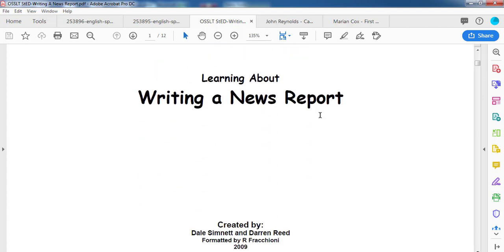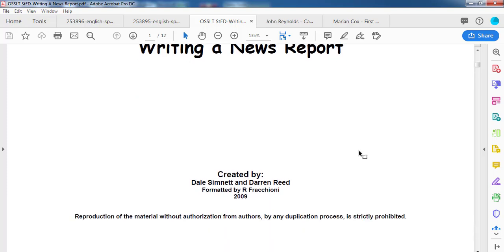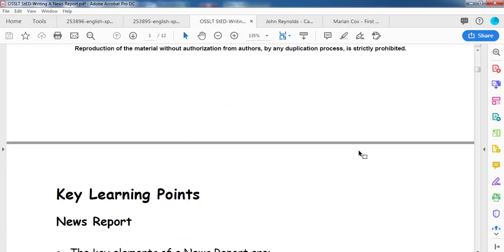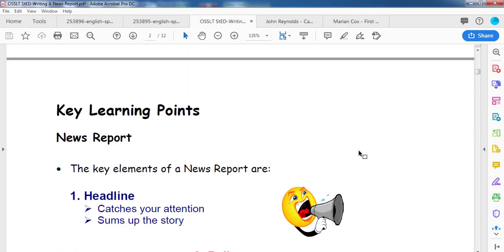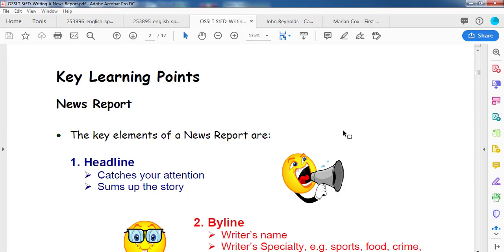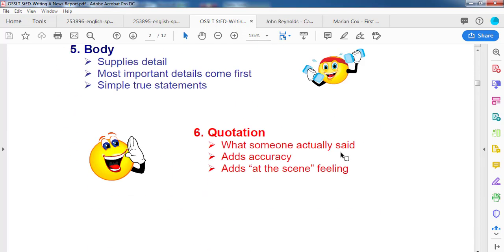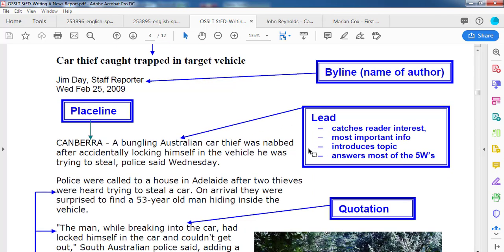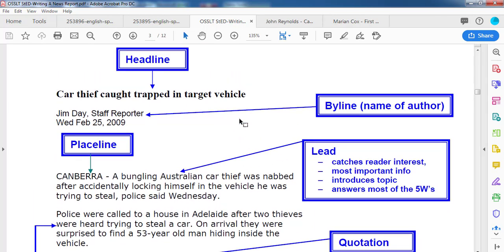All the thanks is to the author and to the publisher for doing this paper. How to write a newspaper report. It is very simplified and very, very smooth. Look, let's have an idea about it.